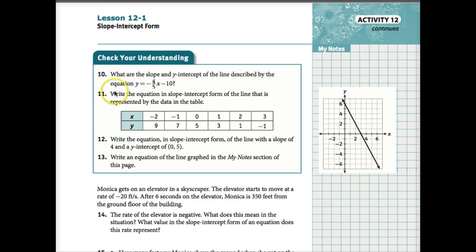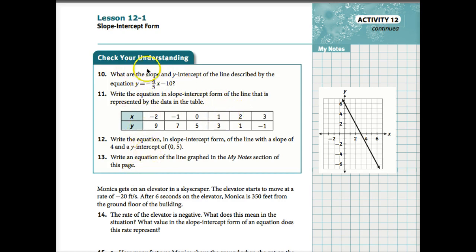Number 10, 11, 12, 13, the check your understandings here. First thing I want you to do is go ahead and try these.